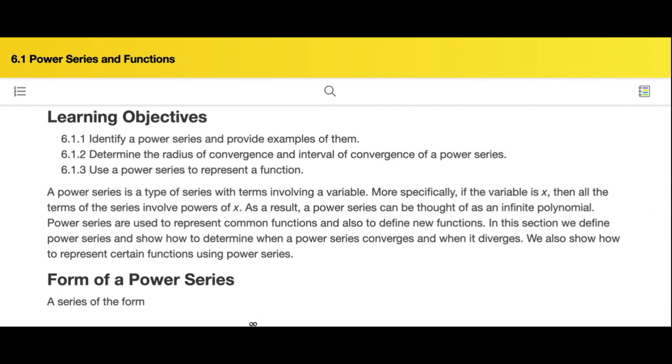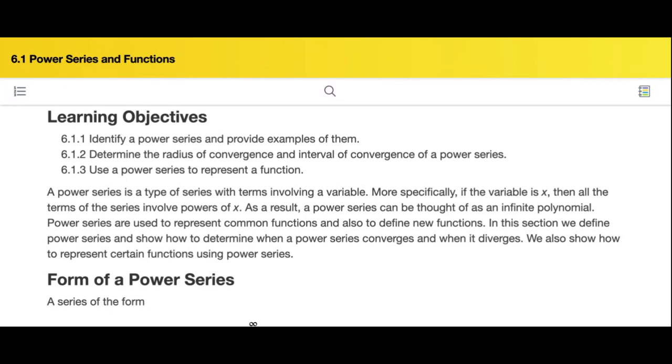As a result, a power series can be thought of as an infinite polynomial. So power series are used to represent common functions and also to define new functions. So in this section, we define power series and show how to determine when a power series converges and when it diverges. And we also show how to represent certain functions using power series.